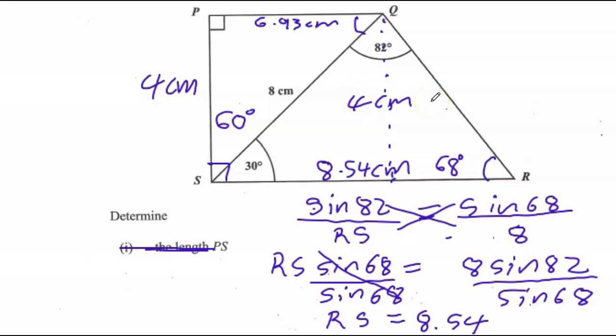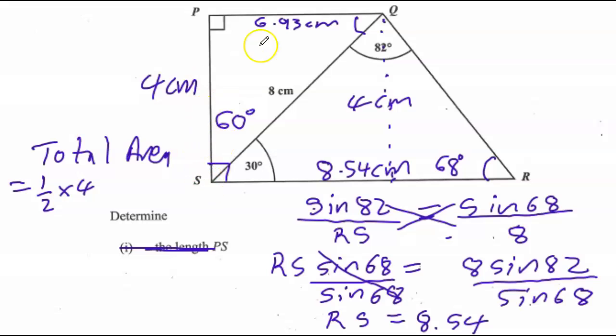So the total area of the shape PQRS: the area of the triangle PQS, we could use half base times height, using 4 as the base and 6.93 as the height, plus the area of this triangle RQS, half base times height.